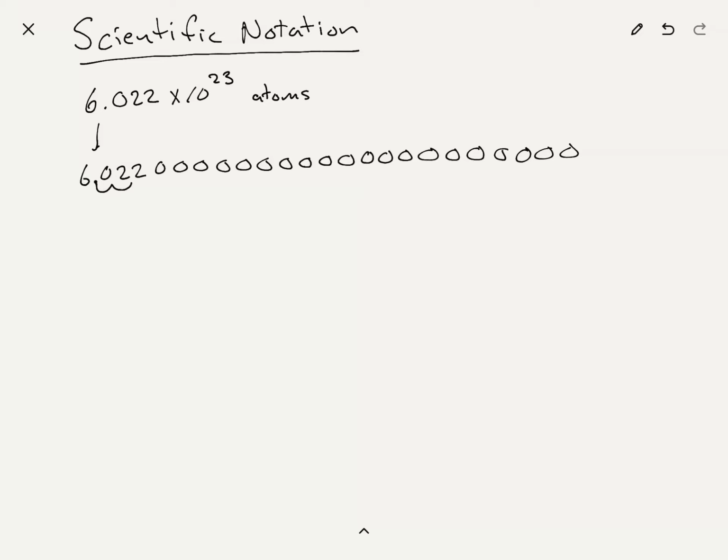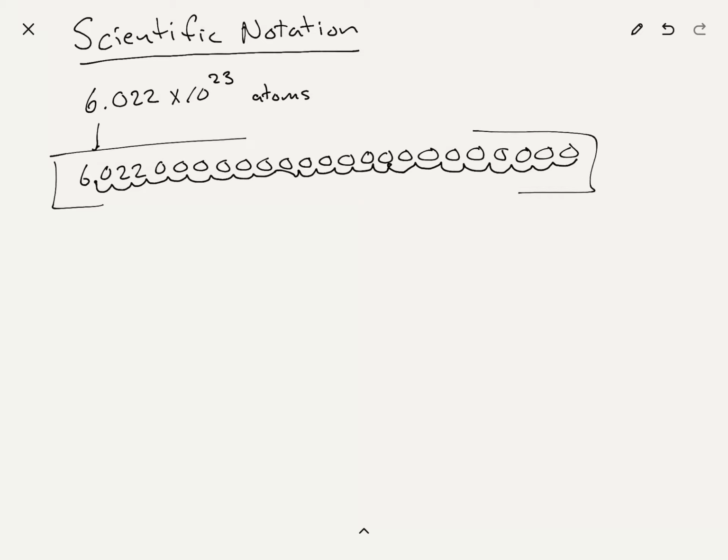So we had the decimal here, and we're going to go 1, 2, 3, 4, 5, 6, 7, 8, 9, 10, 11, 12, 13, 14, 15, 16, 17, 18, 19, 20, 21, 22, 23. So that is 6.022 times 10 to the 23rd.